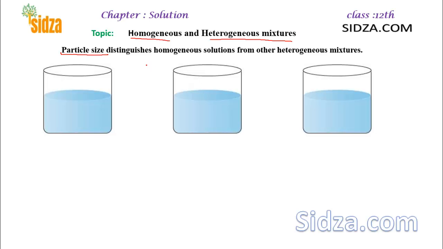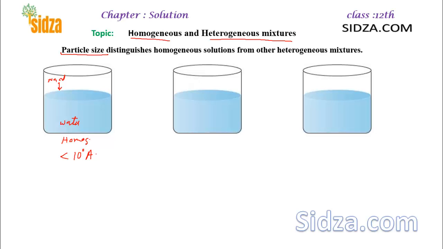If the particle size is less than 10 angstroms, remember this point, it will be a homogeneous mixture. Suppose you are taking water, and in this water I add NaCl.